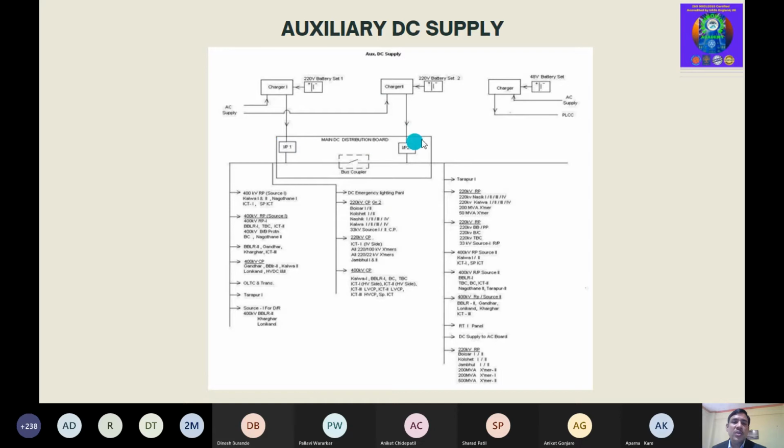So here we have this DC distribution arrangement. Here a bus coupler is given. Suppose one charger failed, I can extend this DC supply to the other, so this arrangement is given as a backup to extend the DC supply to another system. So this is the auxiliary DC supply.